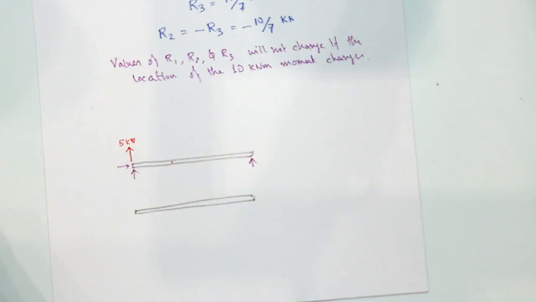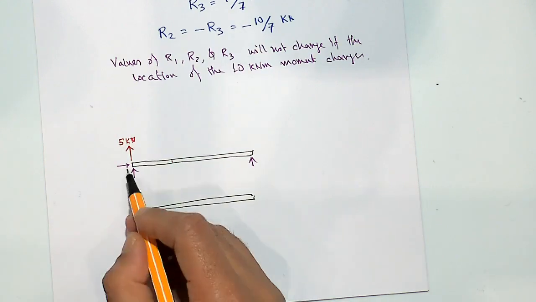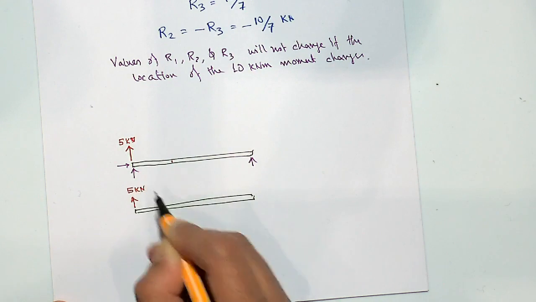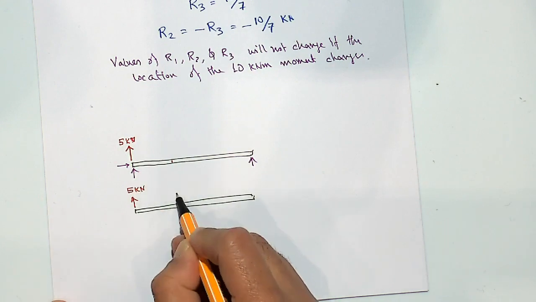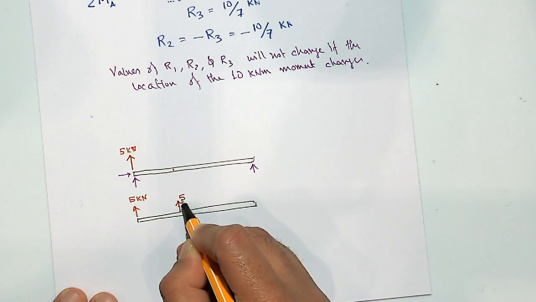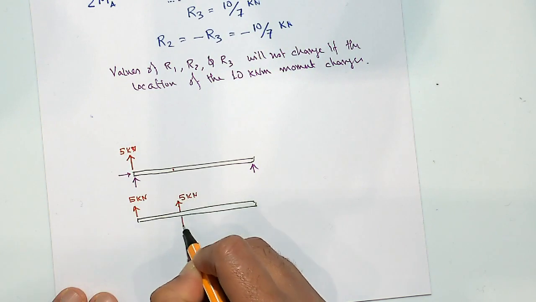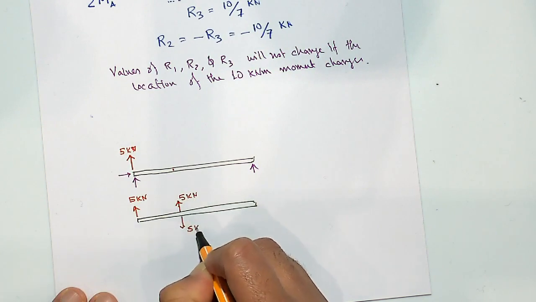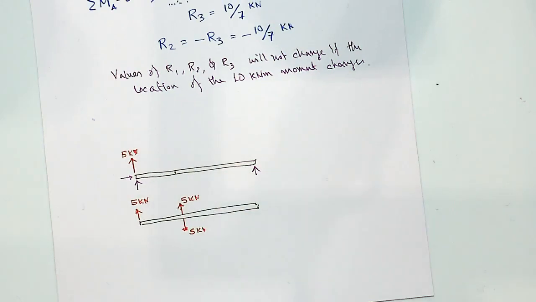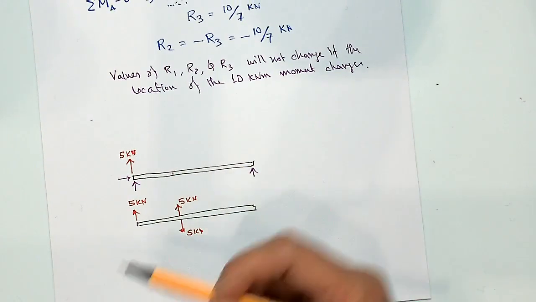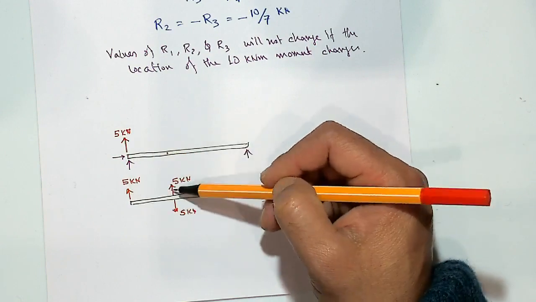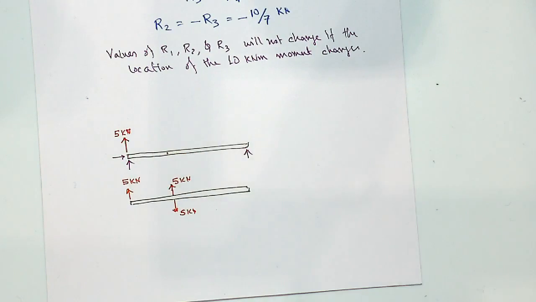I'm just doing the load, okay? So this 5 kilonewton load you have, and at this point I will add 2 more loads of exactly 5 kilonewton. They are equal and opposite, so it doesn't change anything. This 5 kilonewton load is there, and at this point I have added 2 loads.